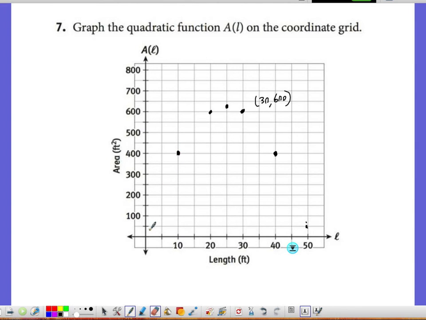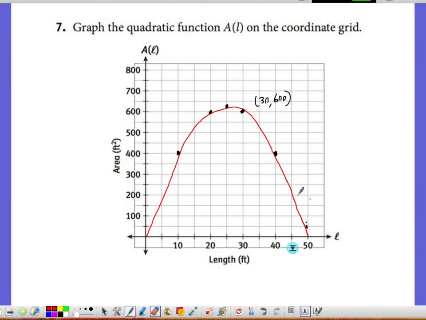If you keep on doing this, the resulting shape that you get looks like this. Let me try that again. It looks like this. It has to go through that point.